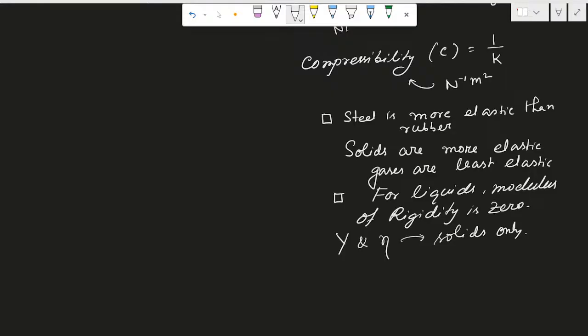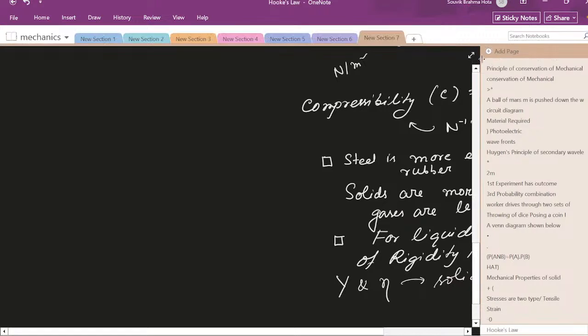Now moving to the next thing: some concepts like breaking stress. Breaking stress is the minimum value of stress required to break a material, or to break a wire.